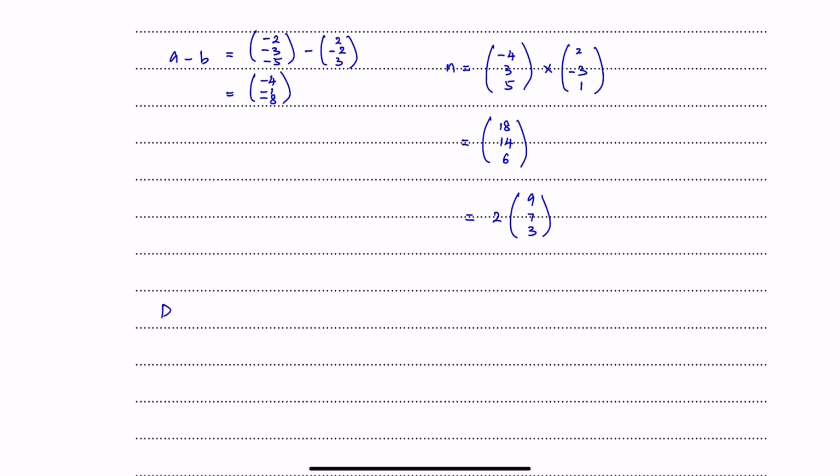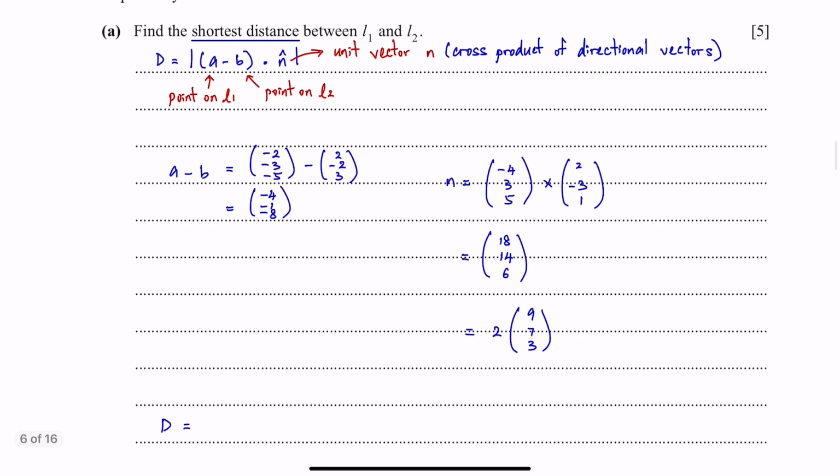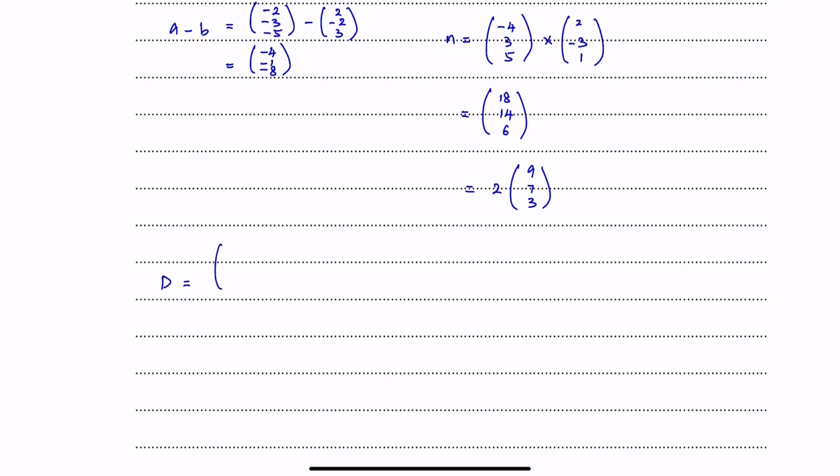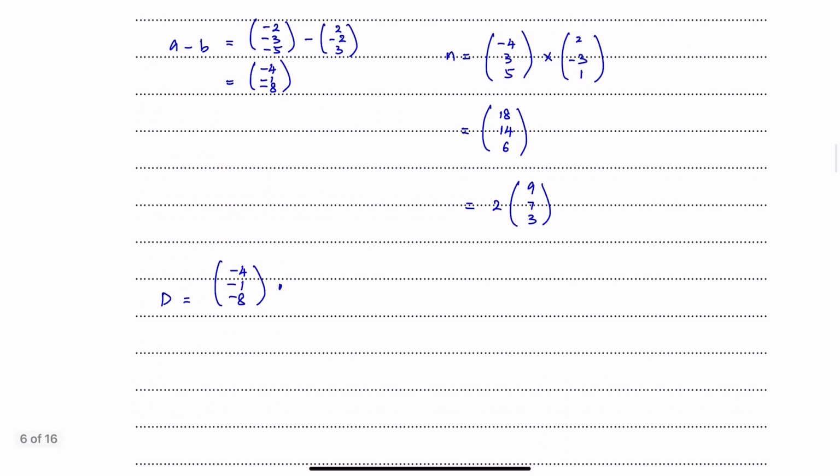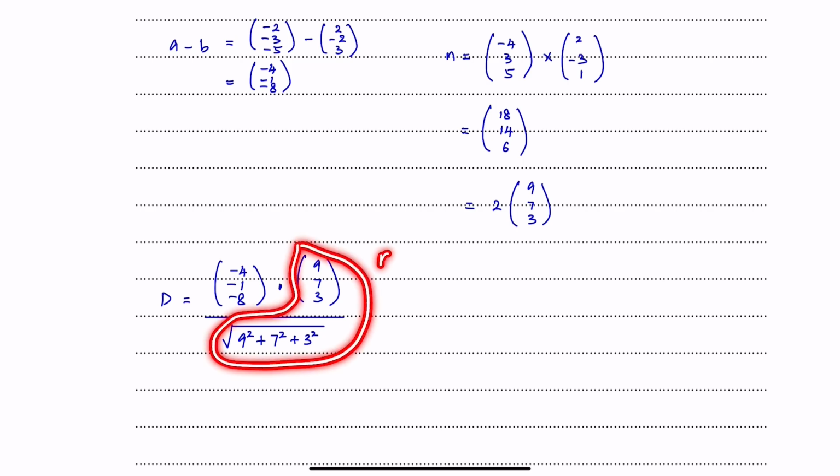So for now we just plug it into the equation here. So A minus B is minus 4, minus 1, minus 8 dot product with the directional vector, sorry, the unit vector of the normal. So this is A minus B. This is the unit vector of n.